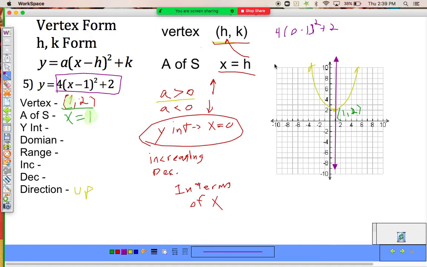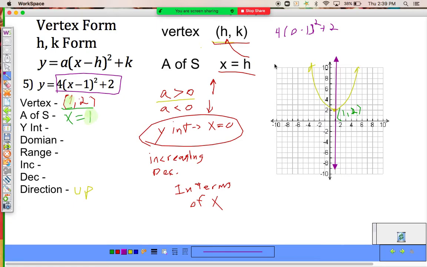So to find my y-intercept, I'm going to make x equal to 0. Plug in 0 and evaluate. And my graph is not going to look right because I didn't really do an exact one. I just made a basic shape because mine's not going to have the same y-intercept. All right, so if I do 4 times 0 minus 1 quantity squared, add 2.